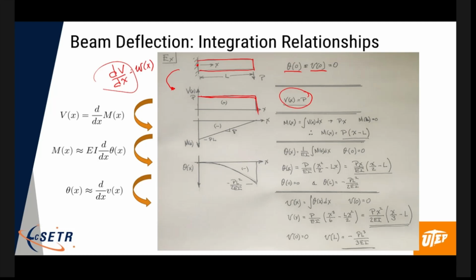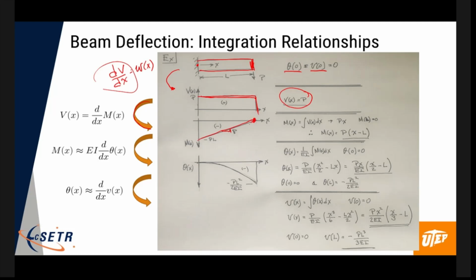All right, and again, we know that the derivative of the moment curve equals the shear curve, or we integrate it, right? So when we integrate a constant, we get a linear, and the slope is going to be P. Now we also know that at the tip here, at the very end, there's no external applied moment. This is the boundary condition. So the moment curve has to go to 0 here, right?